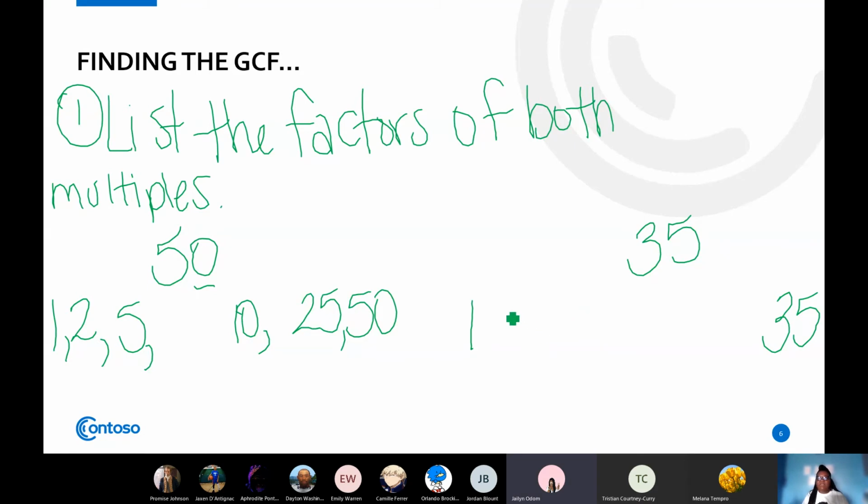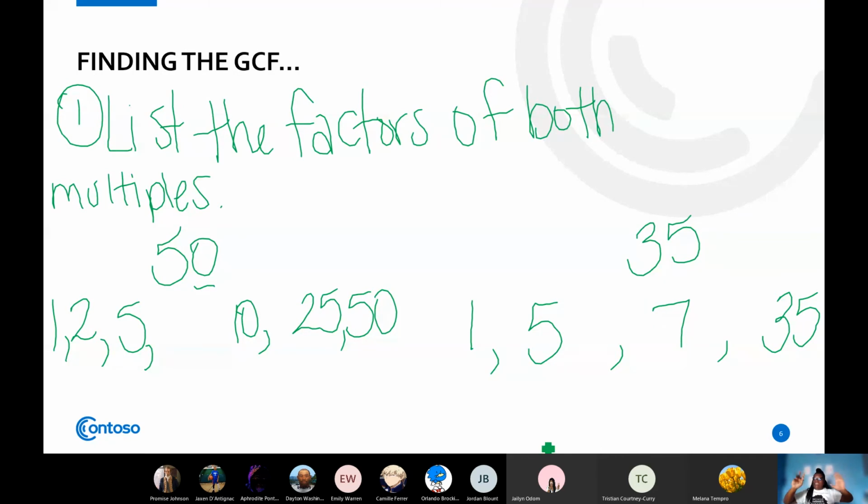Very good. Because it ends in a 5, it's also divisible by 5. And 5 times what equals 35? 7. So the factors of 35 are 1, 5, 7, and 35.